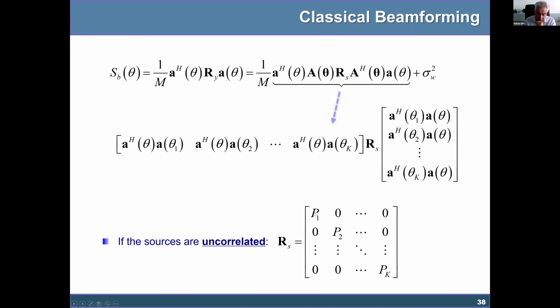So if this matrix is diagonal, when you calculate this product, this matrix times RS times this matrix, basically what you get is this term multiplied by P1 multiplied by this, plus this term here multiplied by P2 multiplied by the second term, and so on.